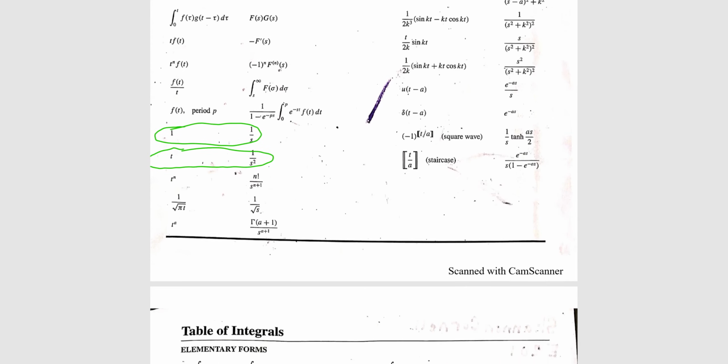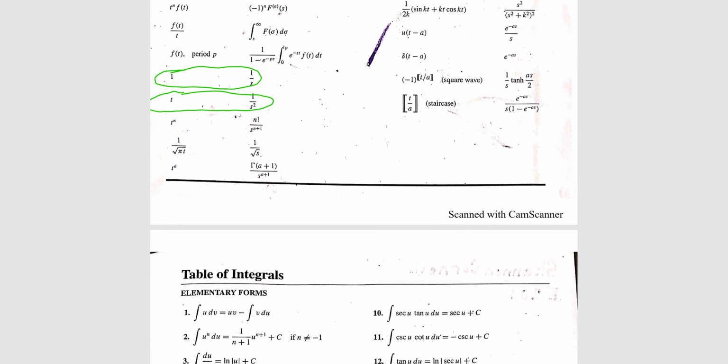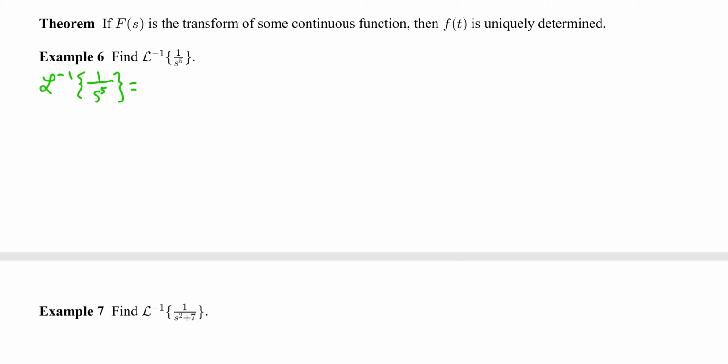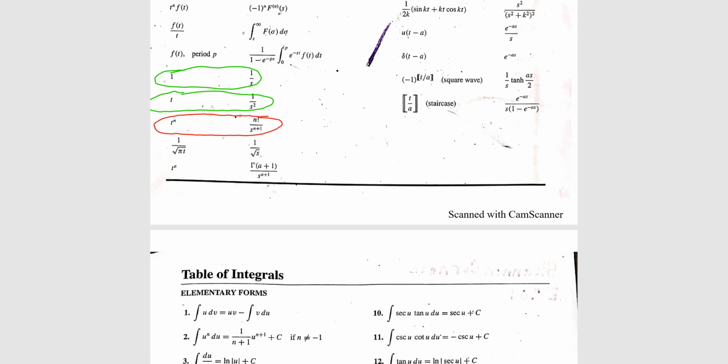So examining our table, notice right here we have a power of s in the denominator. So I'm going to be using this pair right here. We have in our problem in the denominator s to the fifth. Now, what I want to do is make sure that it matches this pattern.